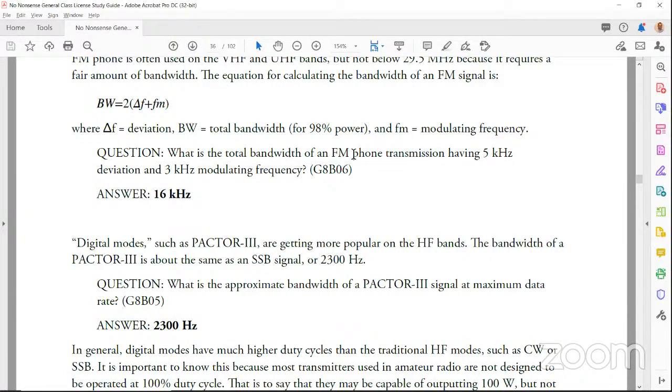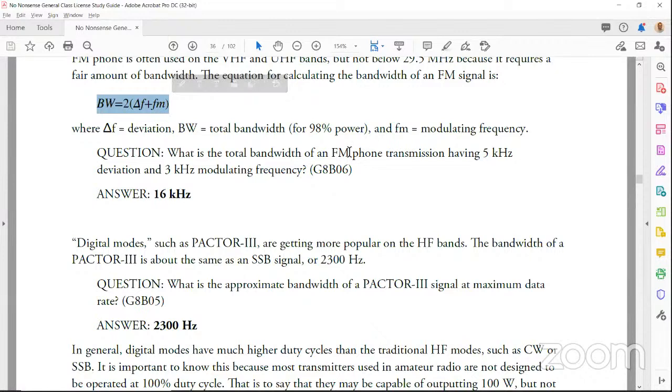Remember, when we hear phone transmission, think voice, or you're speaking. That is what is meant by phone transmission. So it's FM phone transmission. We learned that the formula was bandwidth is equal to 2 multiplied by delta F plus FM, and delta F was the deviation, and FM, lowercase f, lowercase m, is the modulating frequency.